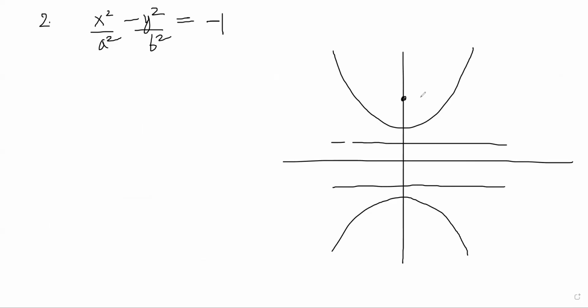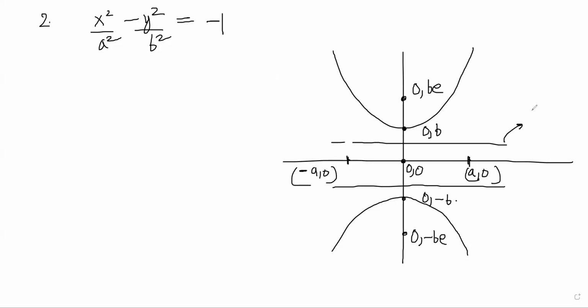The foci become the points 0, be, 0, minus be. Center is still 0, 0. Vertices are 0, b and 0, minus b. The ends of the conjugate axis now are minus a, 0 and a, 0.